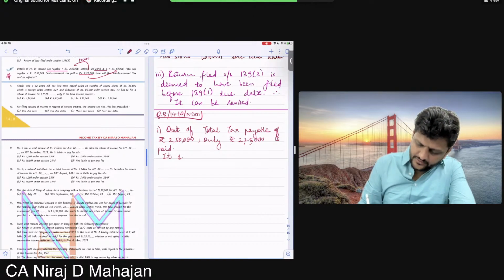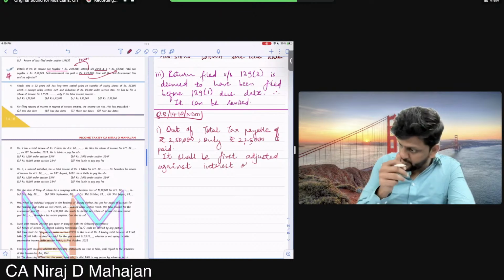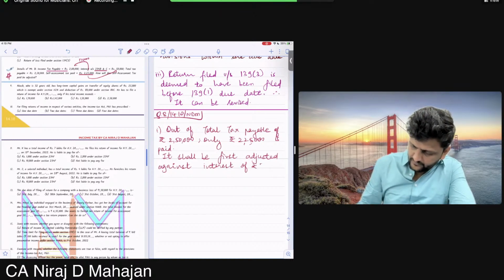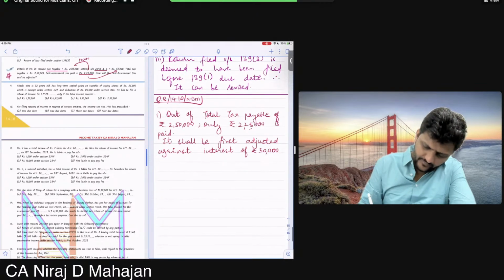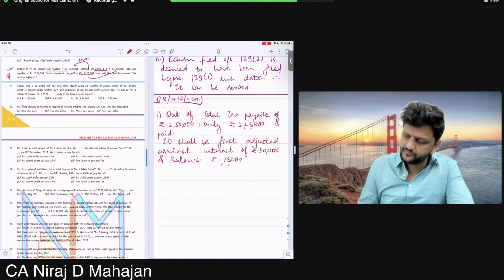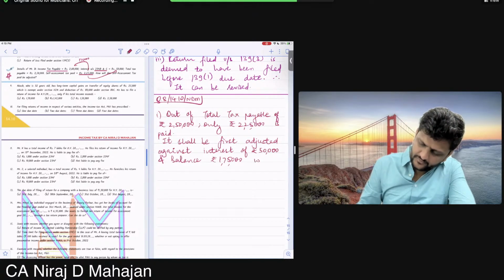It shall be first adjusted against interest of rupees 50,000 and balance rupees 1,75,000, correct, will be adjusted against tax payable.